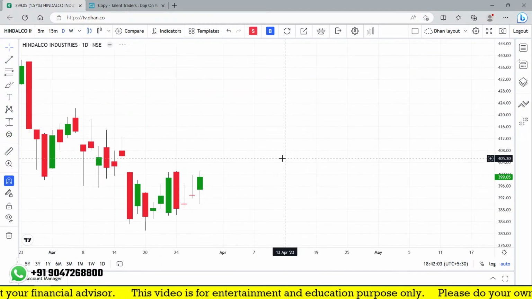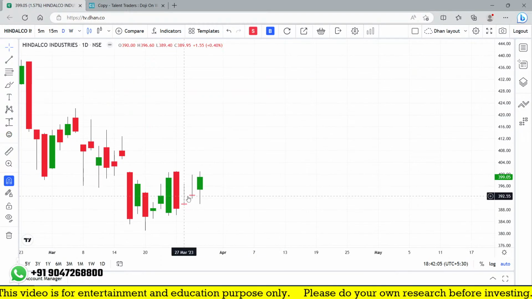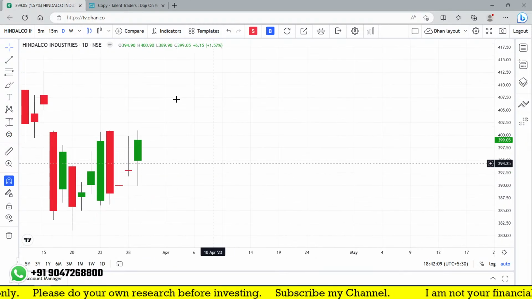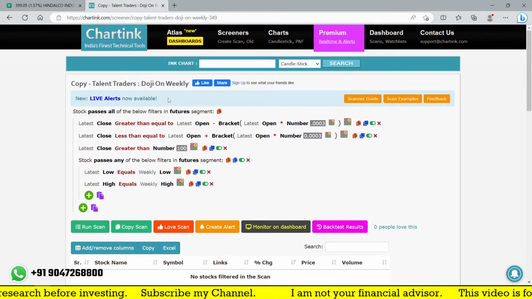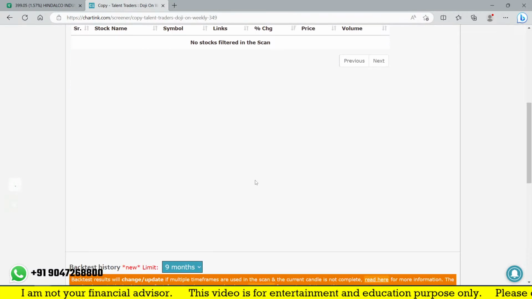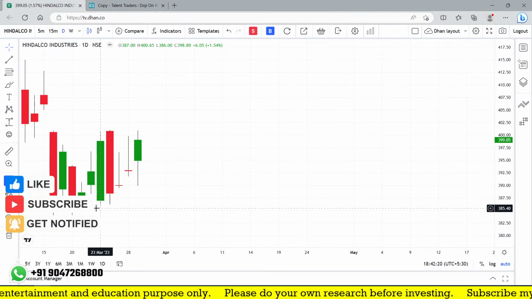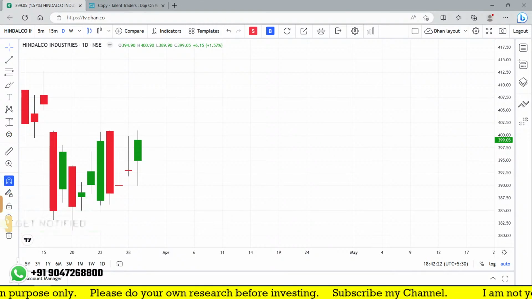And on the daily time frame, look at this: 21st, 22nd, 23rd. I think they used the weekly time frame, a copy of mine, but daily. So a doji candle, maybe 27, 28 doji, but this is not exactly my scanner.